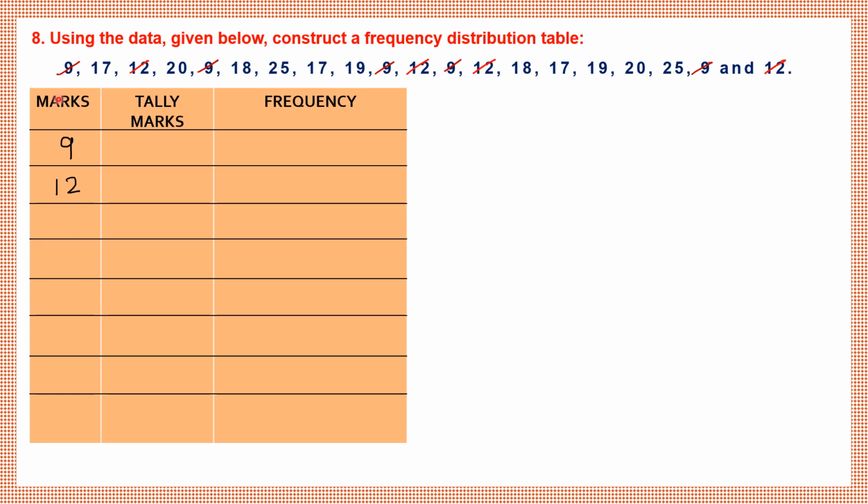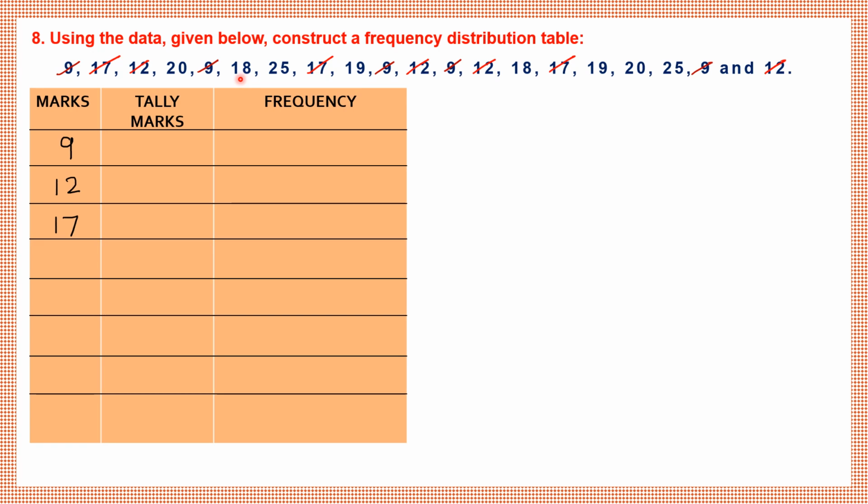Now which number will come next? We have 17. See if there's something smaller than 17. 17 again, 18, 17, 19. So 17 is the smallest. So strike out all the 17s and see what is left now. So let's write down 17 as the next number. We're writing in ascending order, small to big. Now let's look for the number that's greater than 17.